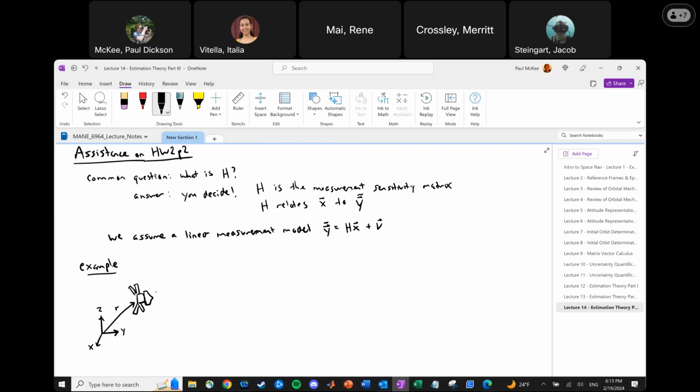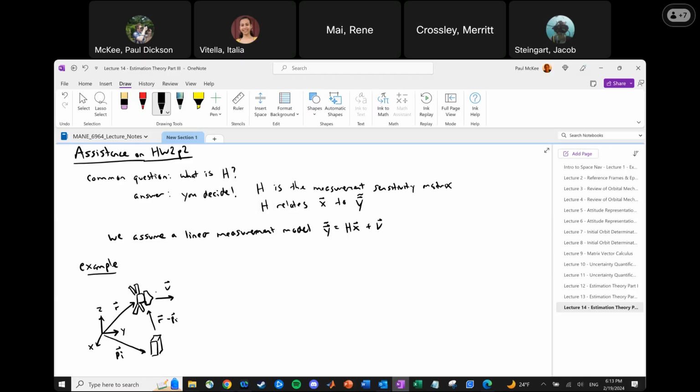It's got some position r and some velocity v. And let's say that we've got a beacon on the surface of the moon, flying overhead, where we're going to call this p_i, and this vector is r minus p_i.